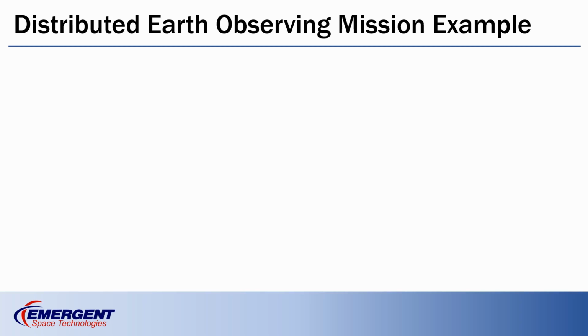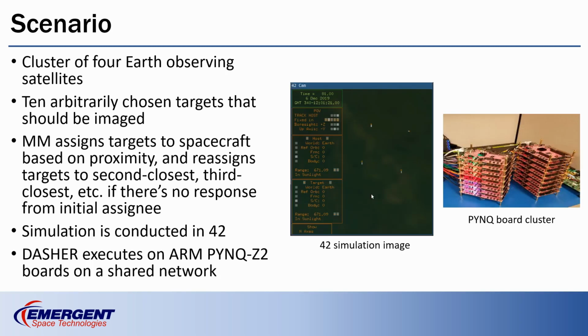I'd like to move on and talk about the distributed Earth observing mission. This is an example that was put together, as I mentioned, by the students at the University of Pittsburgh. What we're looking at in this scenario, we have a cluster of 4 Earth-observing satellites, and they have a series of 10 arbitrarily chosen targets that they need to image.